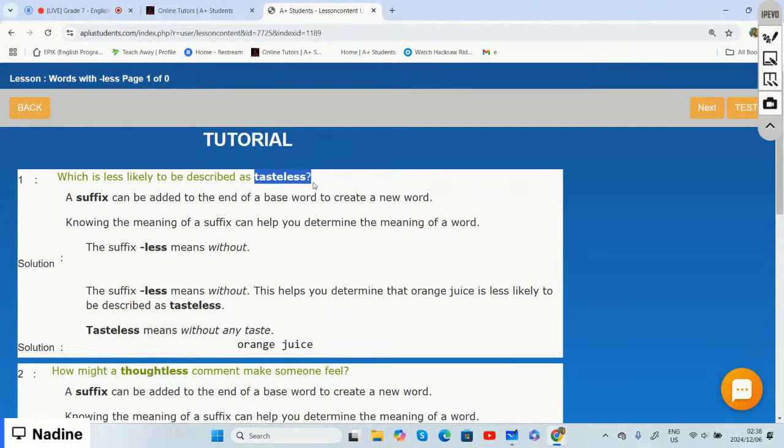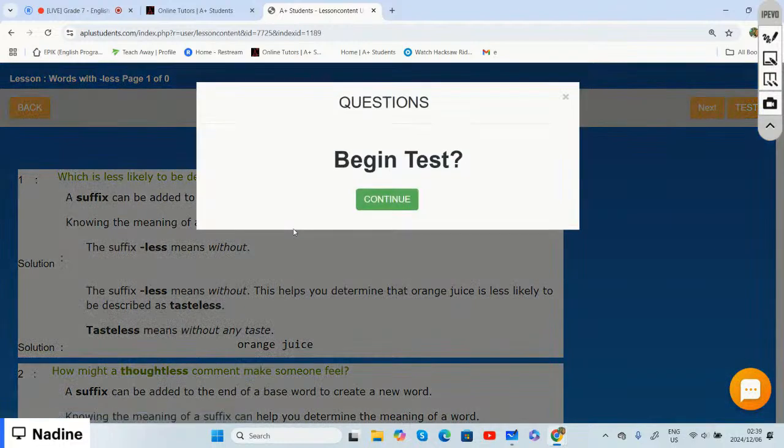So something without taste. Sometimes tasteless can be stuff without salt. Orange juice is usually tasteless, like the pure orange juice. So you have quite a few things that is without taste. But anything, for example, the word less added to our base word, then it means without. All right, but let's go to our test.